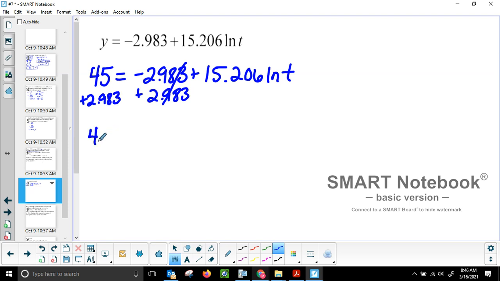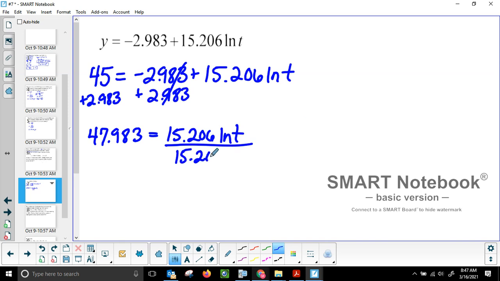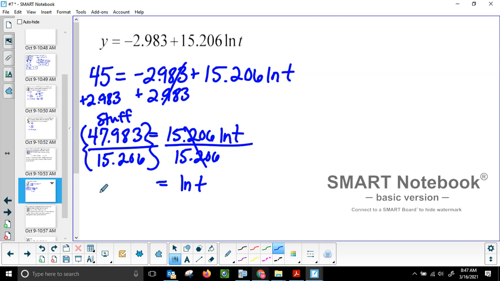So we're going to get 47.983 equals 15.206 ln T. Then we divide both sides by 15.206. I'm just going to call this stuff, so I don't have to rewrite it every time.